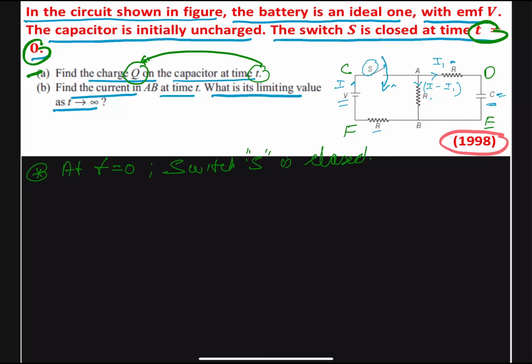And we need to find out because we can write that our current I1 will be equal to dq by dt, okay, because I1 current will be flowing through the capacitor, and this will be positive as the charge is going to increase.